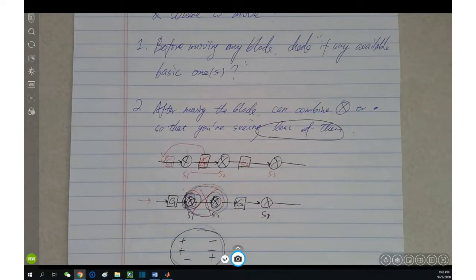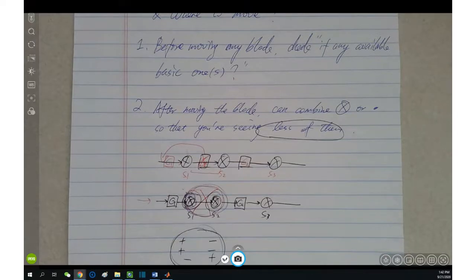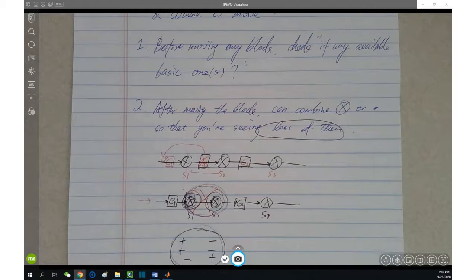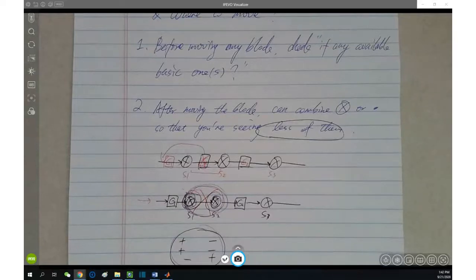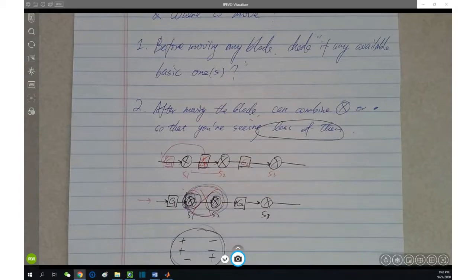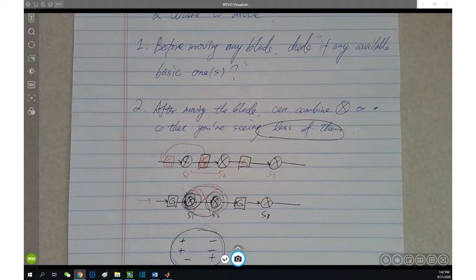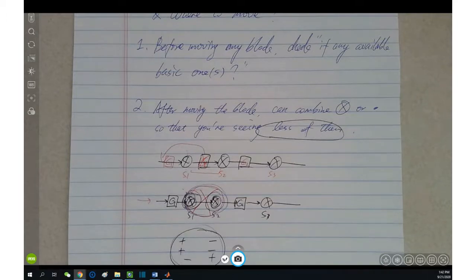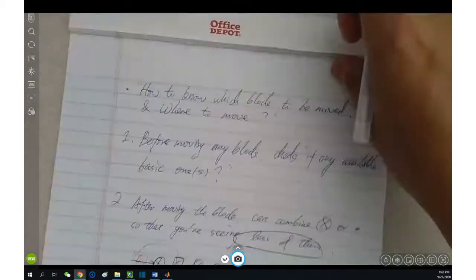So how to move and where to move, you need to make a decision, based on this idea: after moving, you need to be able to combine the summing junctions or pick-off points. All right, any questions, once again, before the example? Any questions?